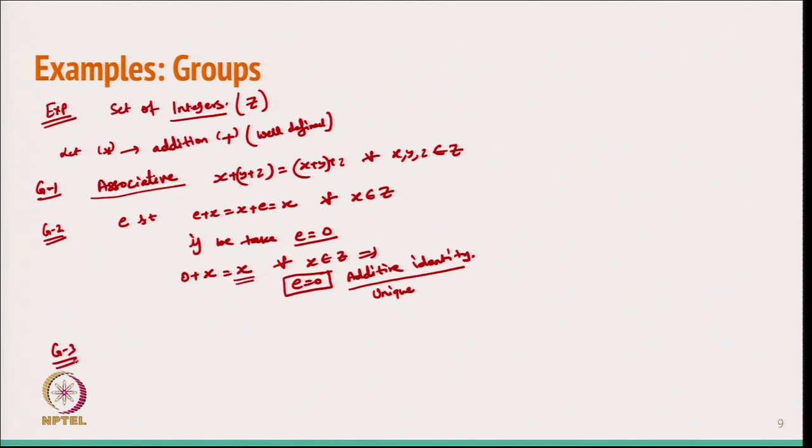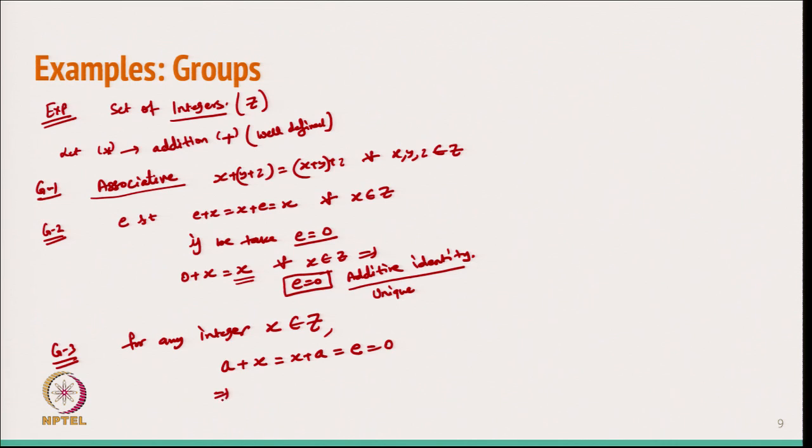Then G3. In this case, for any integer, suppose I take x that belongs to Z, I need an element a such that a plus x, or x plus a, is equal to E, and E in this case is 0.